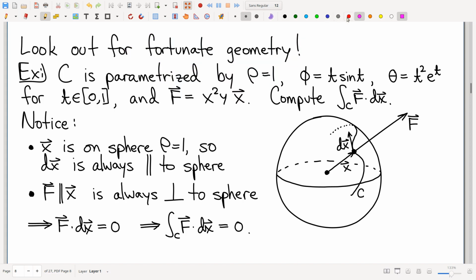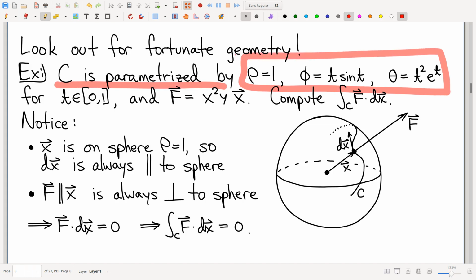So you look at this curve. We've got a curve, and I'm going to call this a parameterization because I'm giving you the spherical coordinates as functions of time. And you could plug into your conversion formulas and get the rectangular coordinates as functions of time. And I think it's going to get ugly, right? Because let's think just real quick: what is the formula for x? X is rho sine phi.